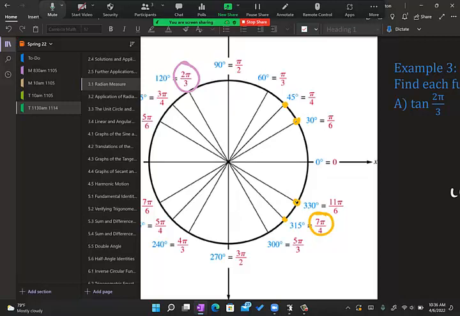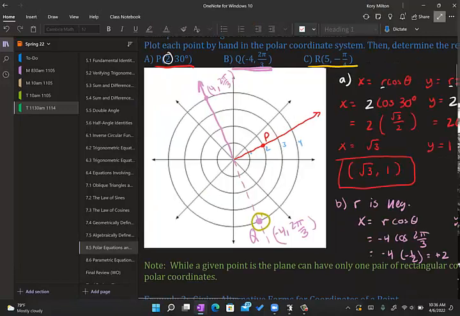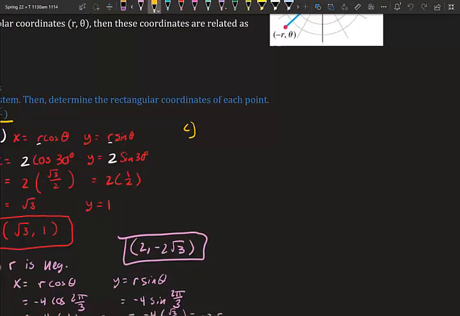So you go to how many positive dots it takes to get to pi over 4. It's 2 dots. So then we do 2 dots in the negative direction, because 7 pi over 4 is the same thing as negative pi over 4. So for C, negative pi over 4, we're actually going to be using the values for 7 pi over 4.